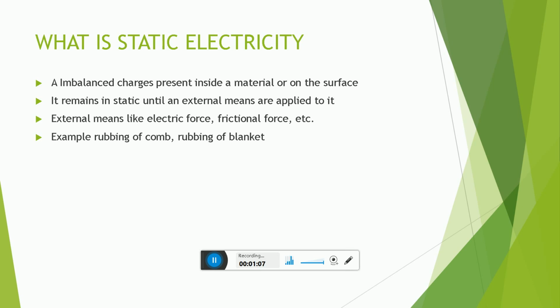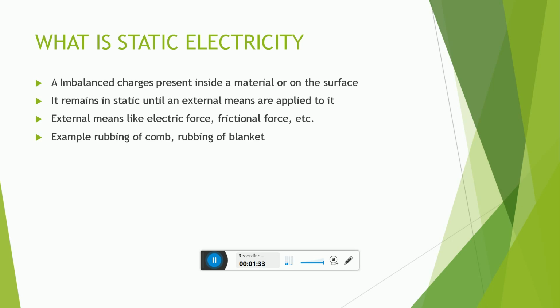This static electricity is produced due to some external means like electrical force, frictional force, or magnetic force, etc. For example, in your normal life, you've seen that rubbing a comb in your hair will attract small pieces of paper when you keep the comb near the paper.